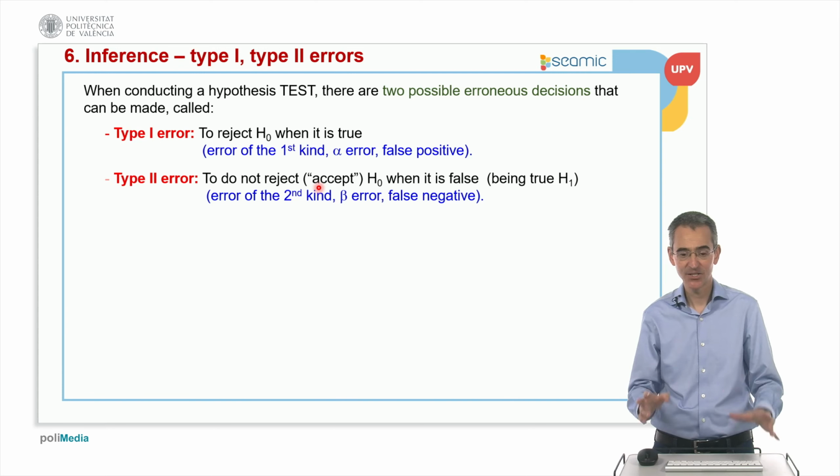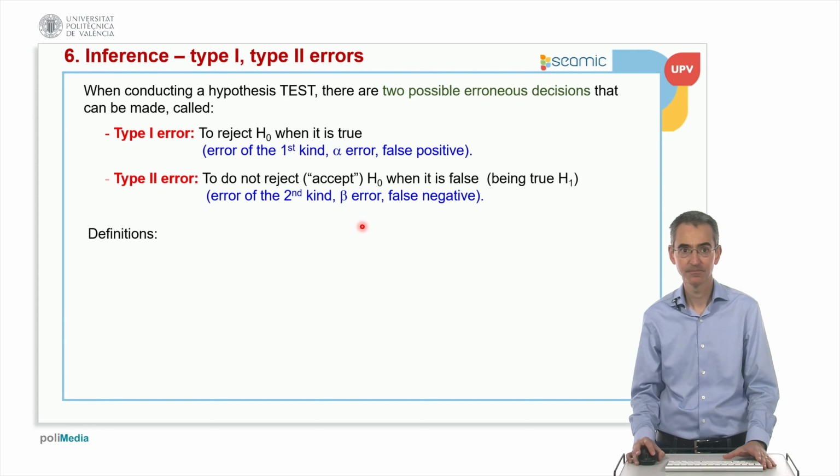As it is not exactly true, instead of accepting, it's better to say do not reject the null hypothesis when it is false, that is, when the alternative hypothesis is true. It has other names like error of the second kind, beta error, or false negative.